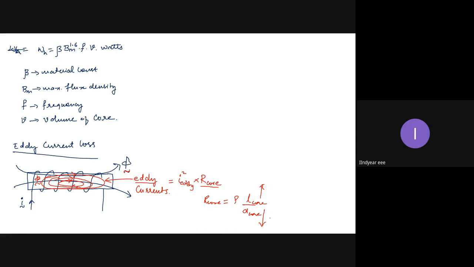I can't change the output power, therefore I can't change the dimension. So instead of using a solid core, I use a laminated core to reduce eddy current losses. We use laminated core.